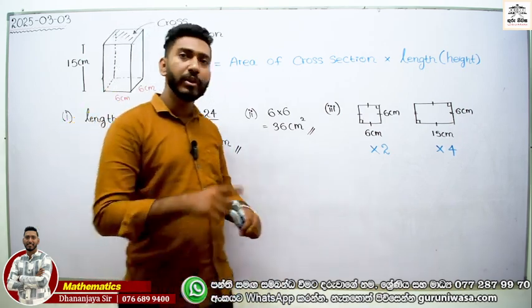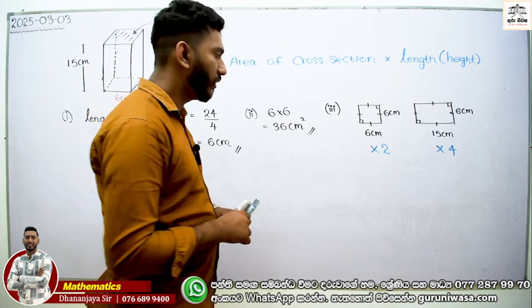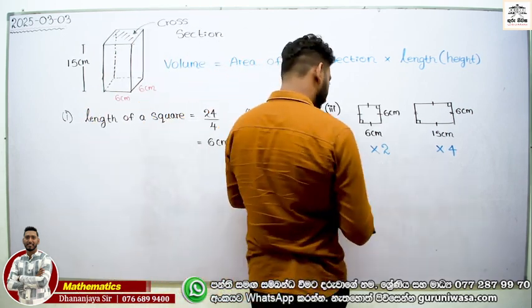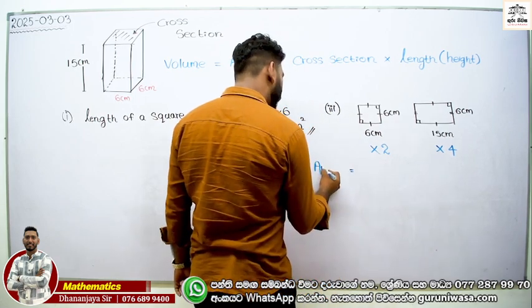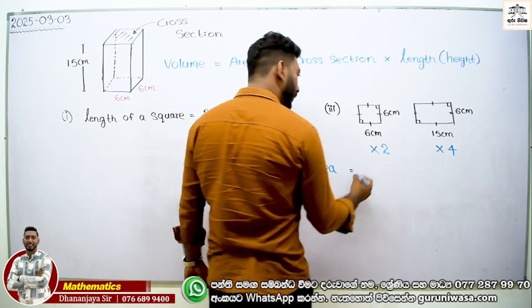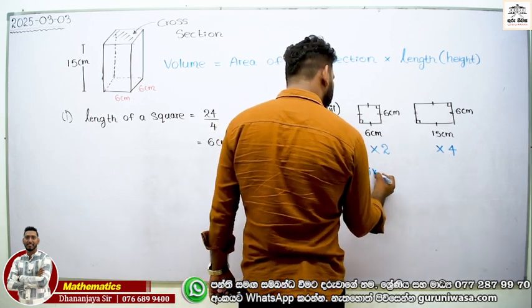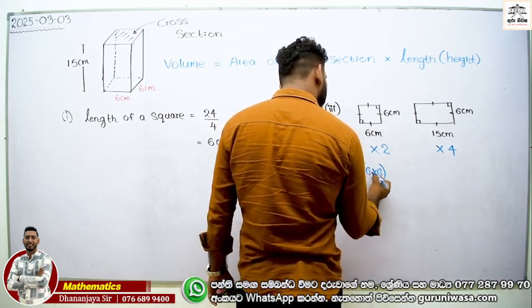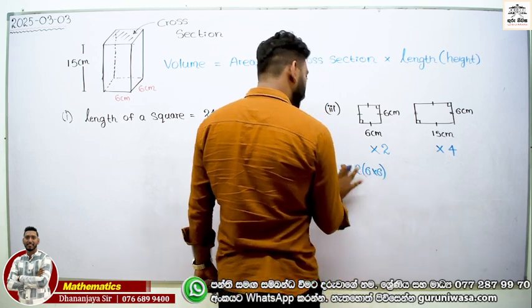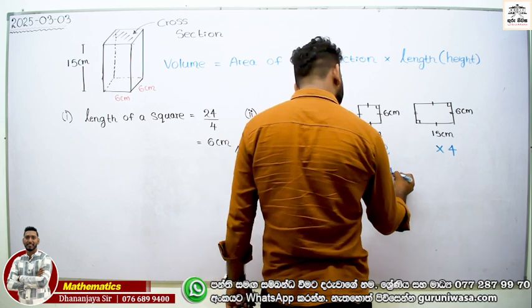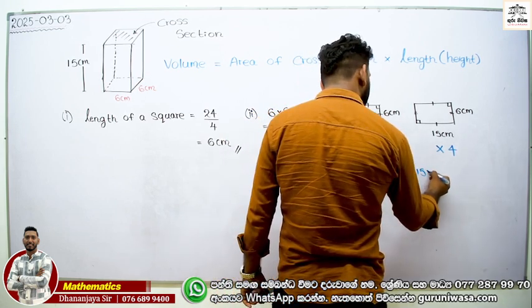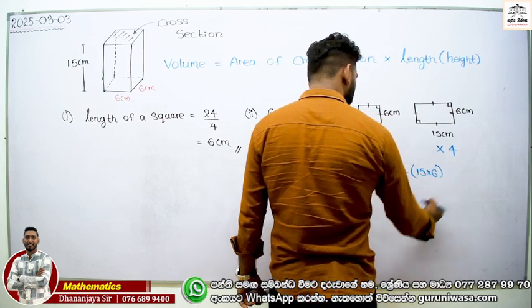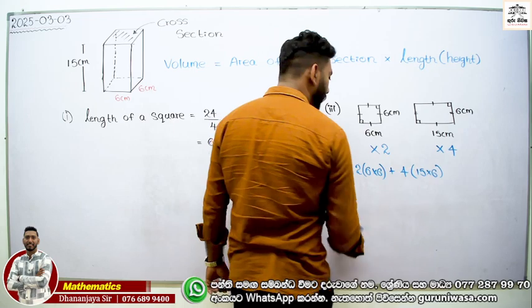Yes. Now you can find the total surface area. How to find the total surface area? Total surface area equals to the 6 times 6 multiplied by 2. 2 times 6 times 6 plus 4 times 15 multiplied by 6. Right. Now you can find the total surface area.